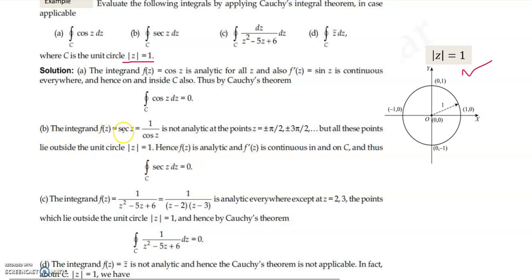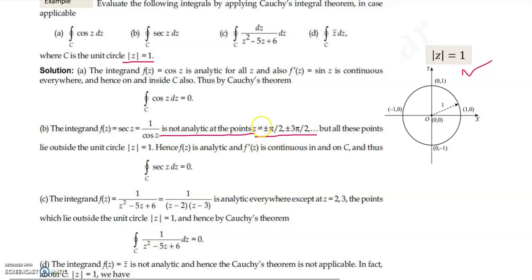The integrand f of z equal to secant z is equal to 1 over cosine z. Actually, f of z equal to secant z is analytic, but if you write secant z equal to 1 over cosine z, then for z equal to pi over 2, minus pi over 2, 3 pi over 2, minus 3 pi over 2, if you substitute these z values here, the function is not analytic.